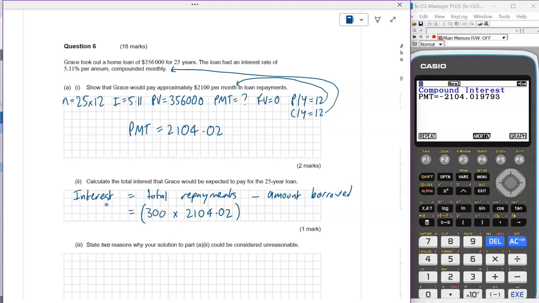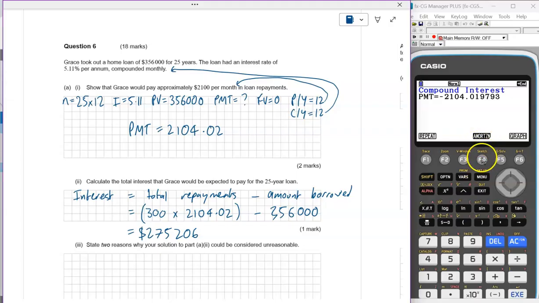So that's her total repayments. And we're going to subtract that from the amount she borrowed, or the principal, which was $356,000. Now, I've done that calculation. It works out to be $275,206.